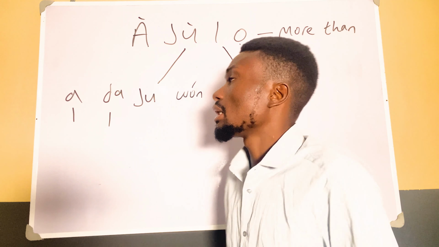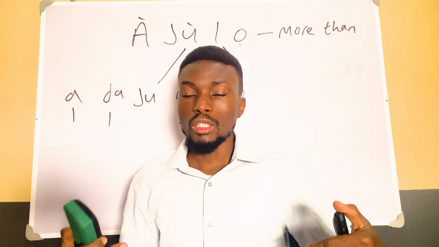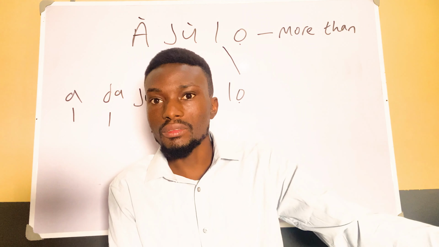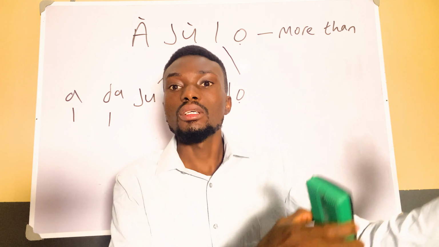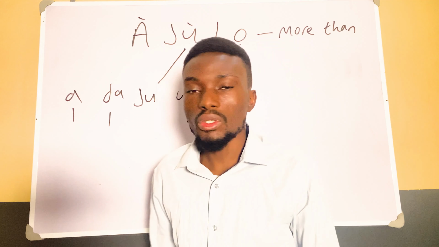So maybe you want to compare not just your personality, but something else that belongs to you. Maybe like my television is better than your television. My phone is louder than your phone. It's also very, very simple.